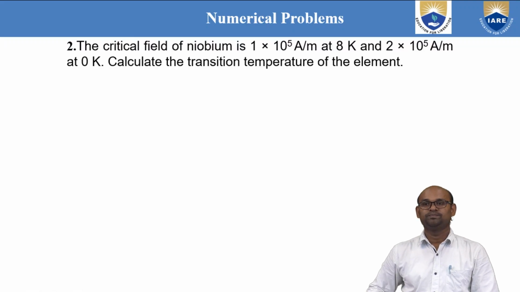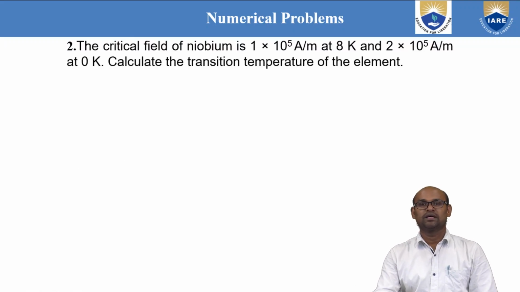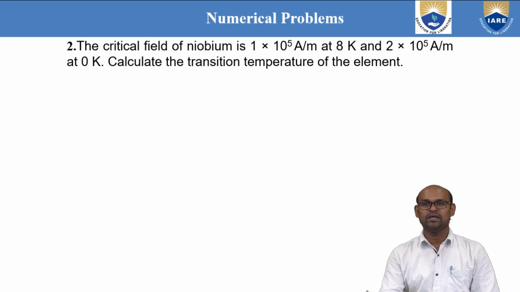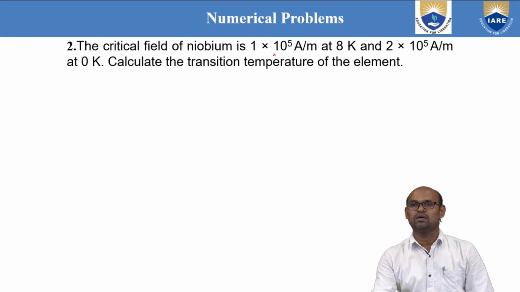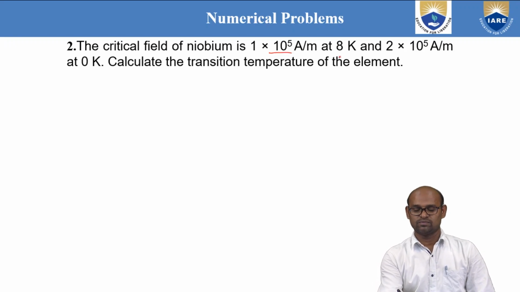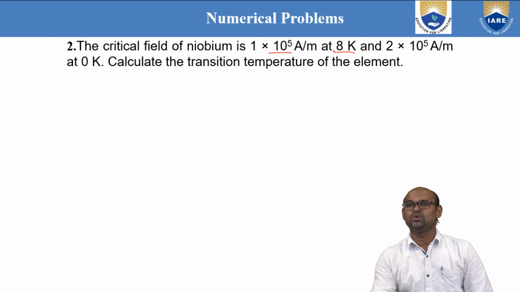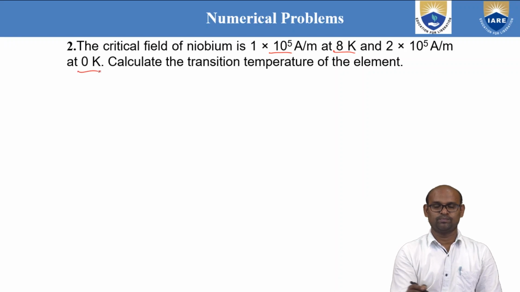The second one: the critical field of niobium is 10 power 5 amperes per meter at 8 Kelvin. So this is the temperature, and 2 into 10 power 5 amperes per meter at 0 Kelvin. Okay.